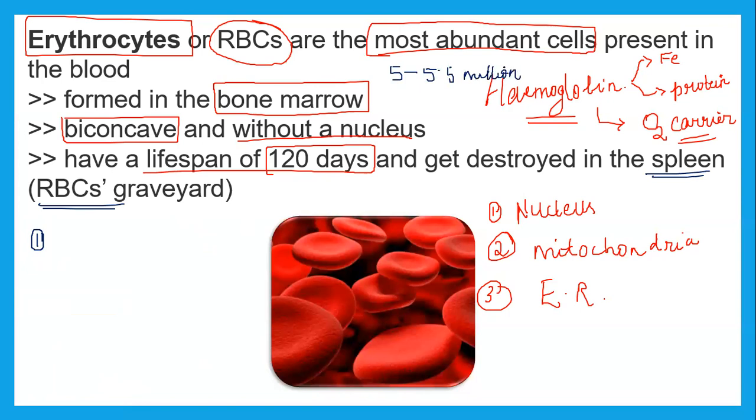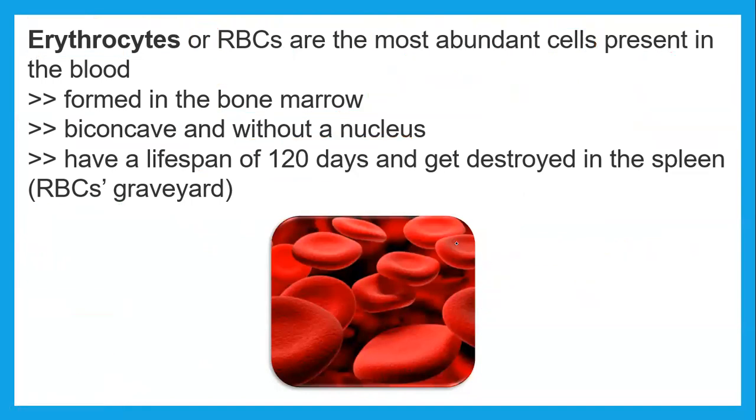Okay, 5 to 5.5 million per cubic millimeter of blood. So I'll erase it and write it once again for everybody. Look, the RBC count is generally 5 to 5.5 million per cubic millimeter of blood.